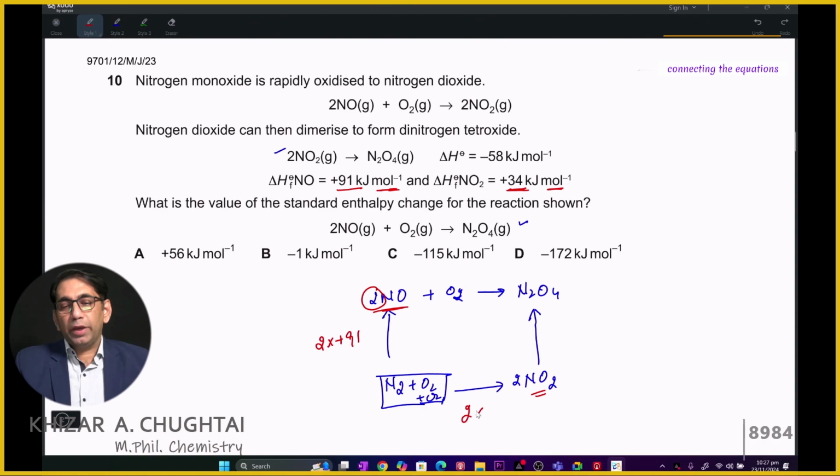So 2 into plus 34. Here is the conversion of NO2 to N2O4, and the answer is minus 58 kilojoules. Here is the conversion of 2 mole of NO2. Yes, I'm also converting 2 mole. So the moles are the same, the answer will be the same.